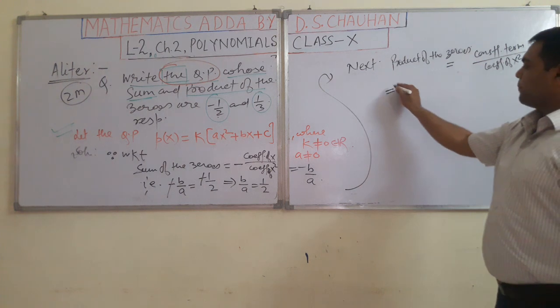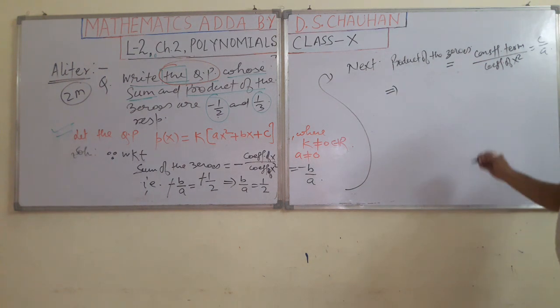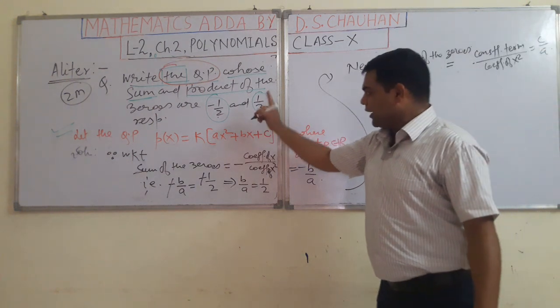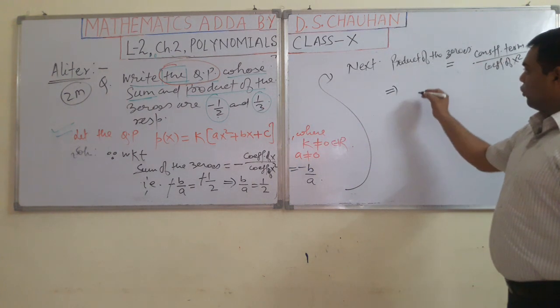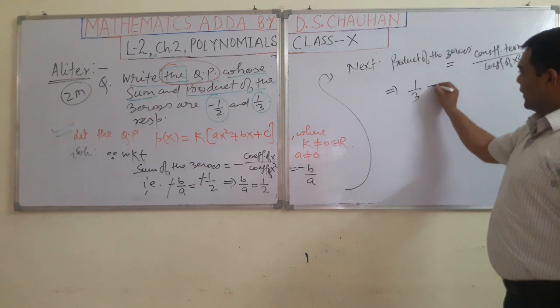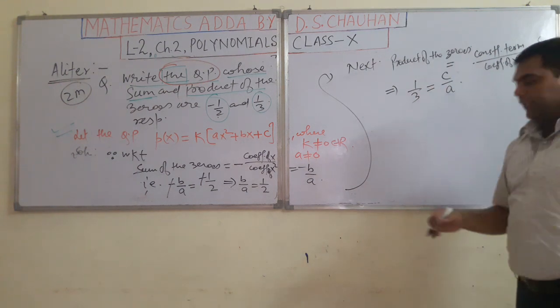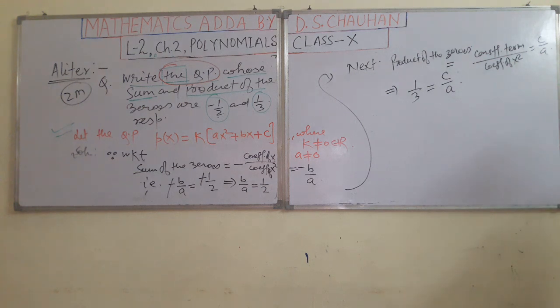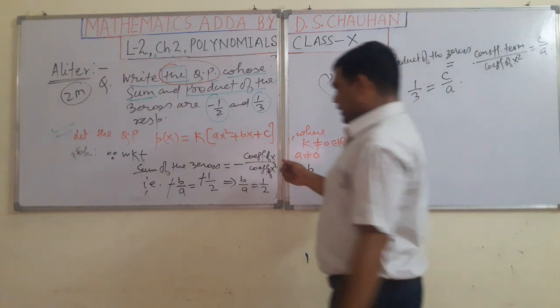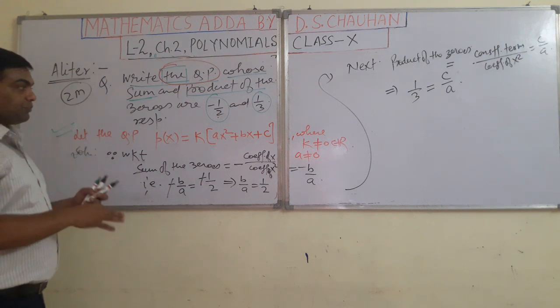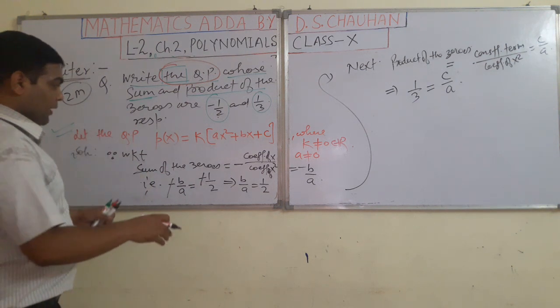Product of the zeros, constant term upon coefficient of x square. It has been given here as 1/3. So look here, 1/3 equal to c upon a. See students, we have to write the quadratic polynomial. Try to understand what it could be.